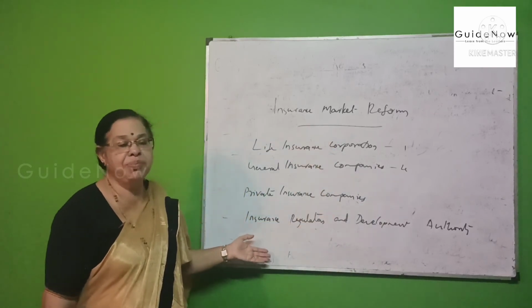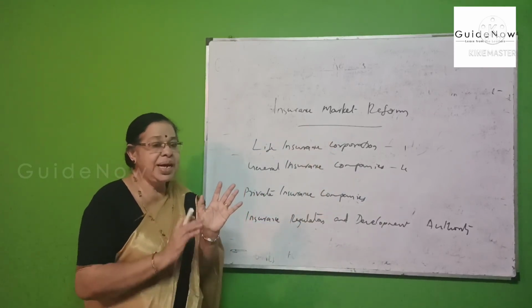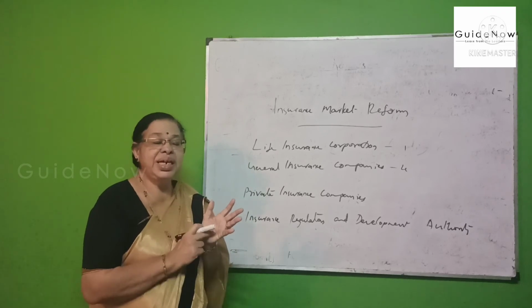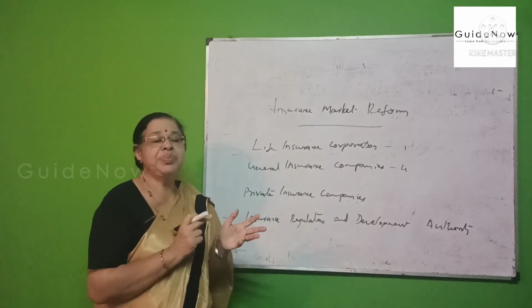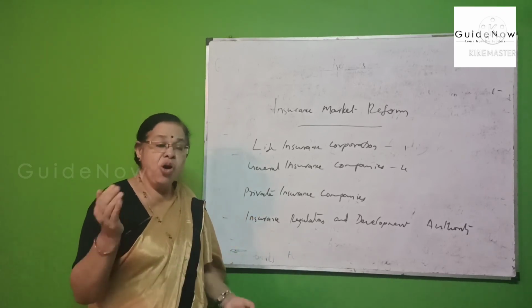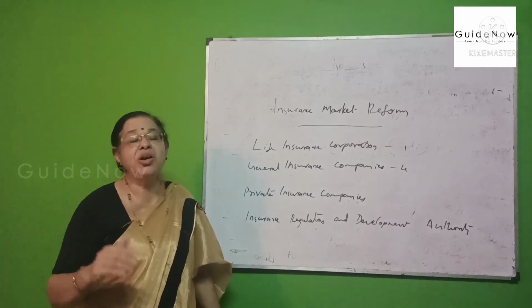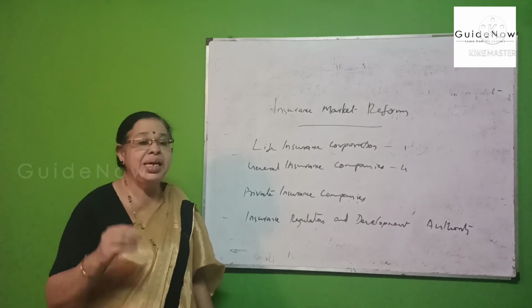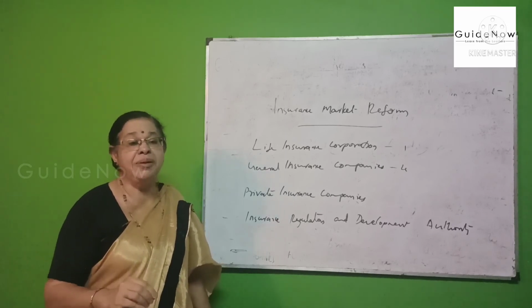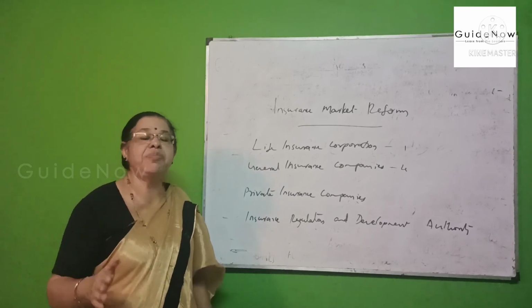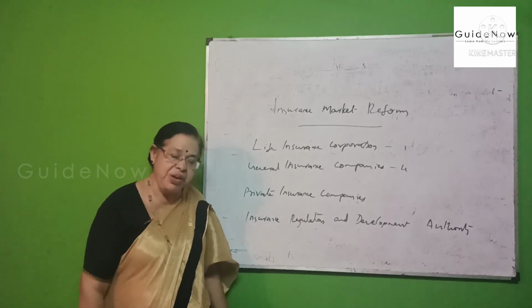These are the main important points here. The first is that general insurance companies and life insurance corporation were owned by the public sector before 1991. With globalization and competition, insurance companies are now allowed to be started by the private sector.